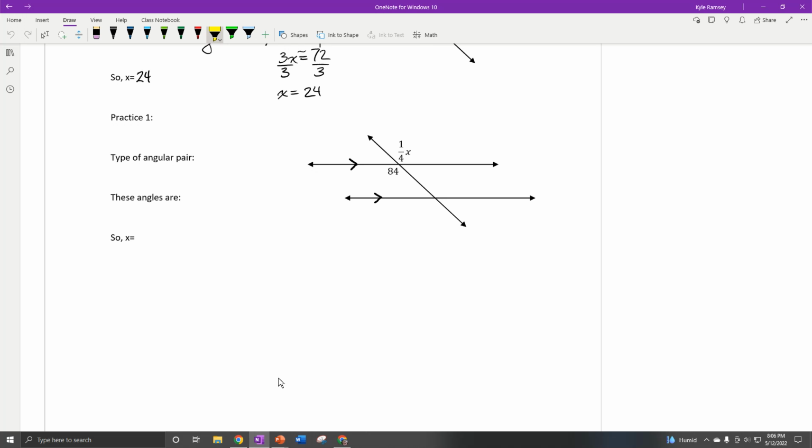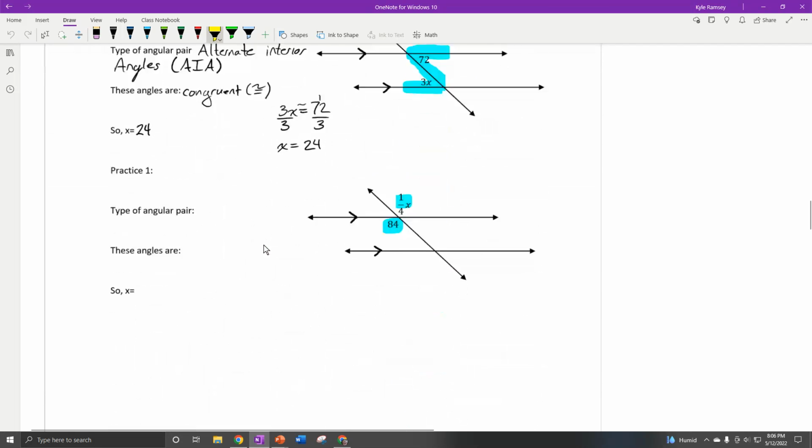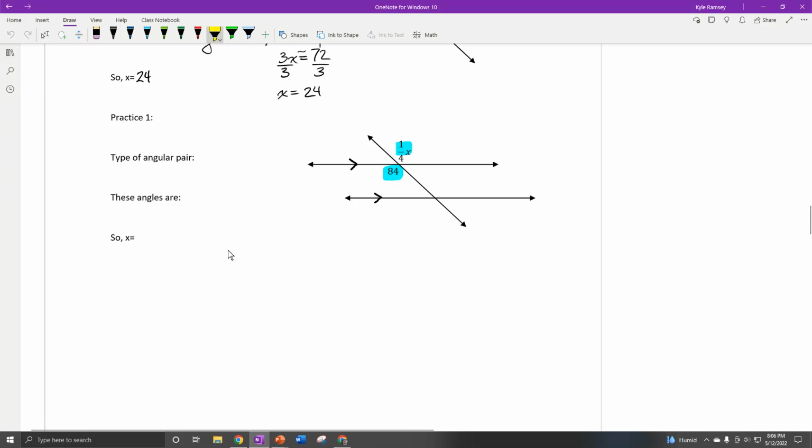Okay? So the first thing you want to realize is, hey, you have an angle there and an angle there. If we scroll up, we realize that we have vertical angles. That means they're congruent.